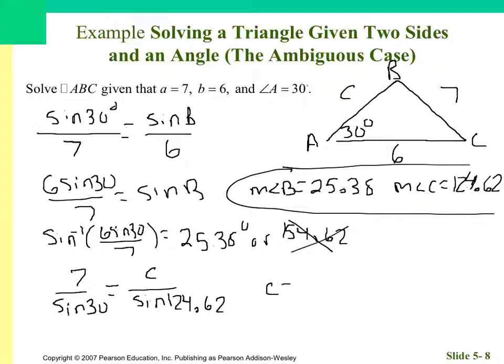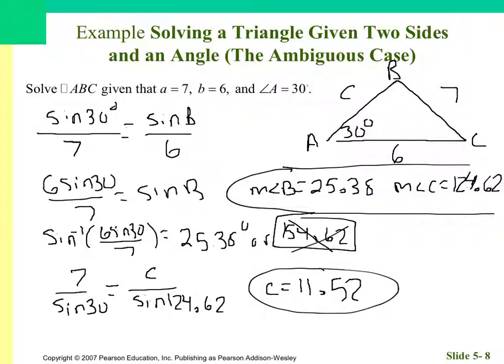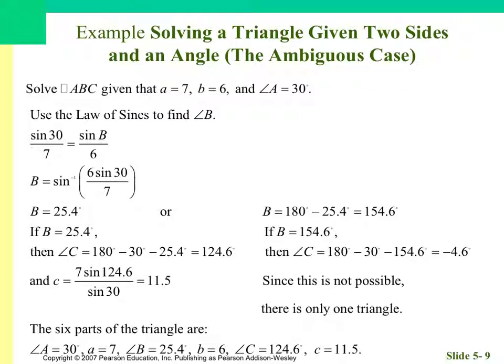So I get c is 11.52. So we've now completed the triangle. Okay? You do always need to check, though, whenever you're given two sides and one angle, both angles, because they both might be true. There might be two possible triangles. So there we go.